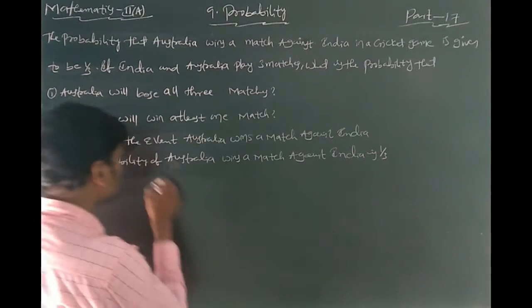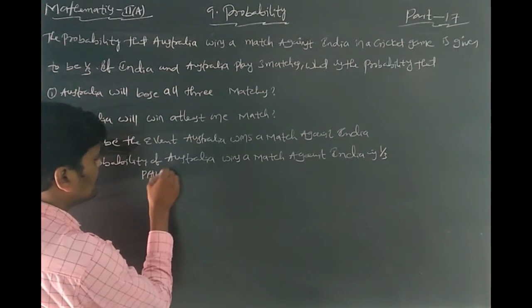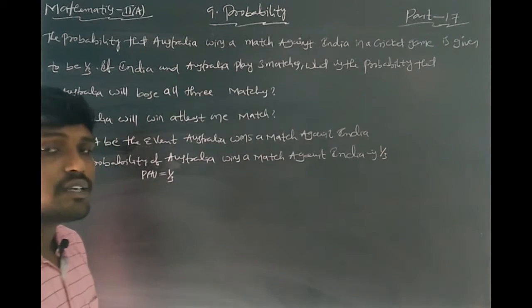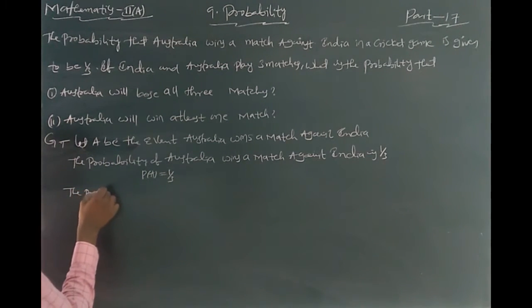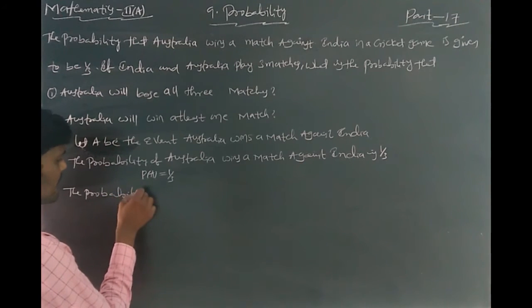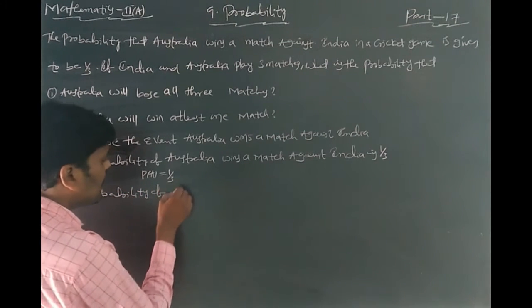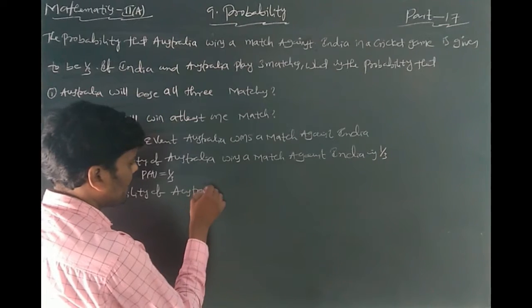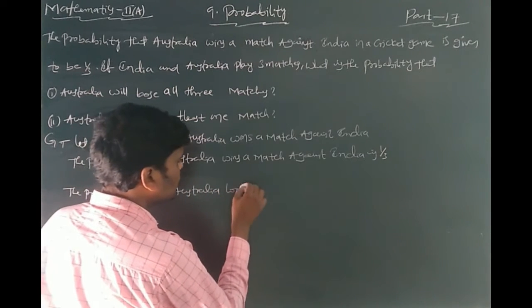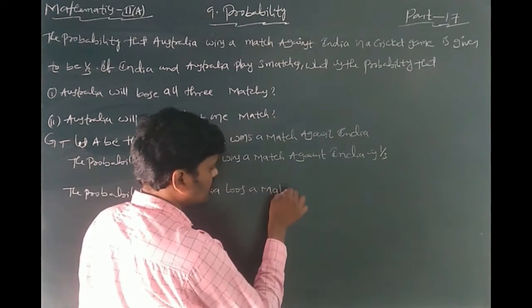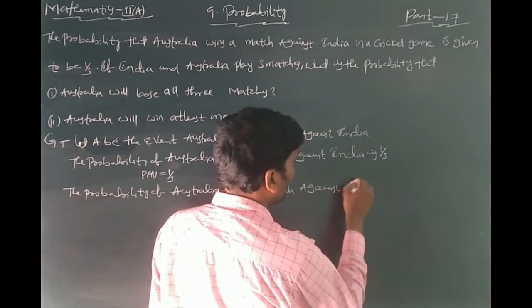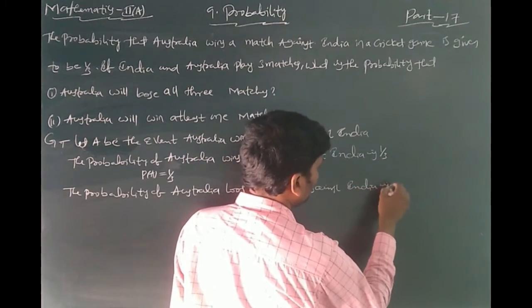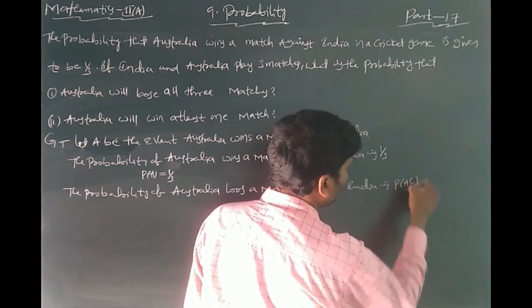That's why you can write P of A equals 1/3. After that, suppose the probability of Australia losing a match against India is P of A complement.